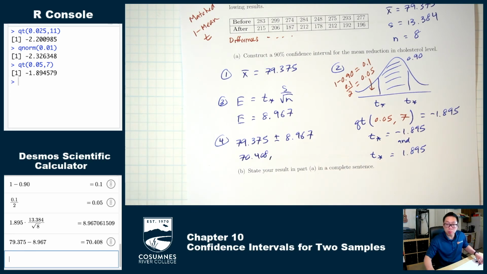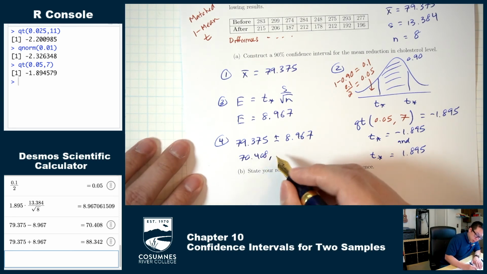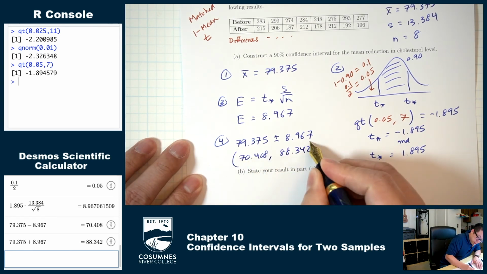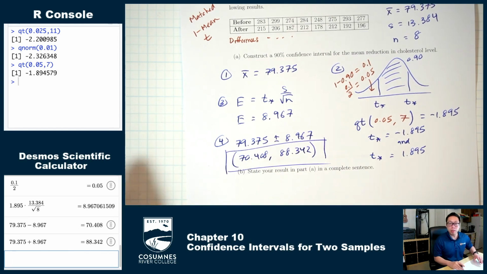And then my upper number, add: 79.375 plus 8.967, 88.342. And that is your confidence interval.